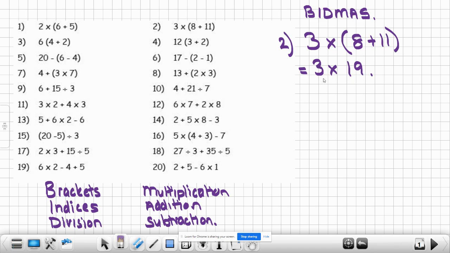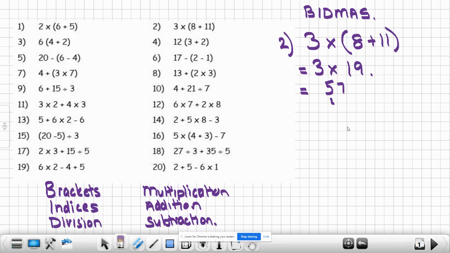I'm going to do the calculations quite quickly, so pause if you need a bit of time to work that out. 3 times 19, 3 nines give me 27, carry the 2. 3 times 1 is 3, plus that 2, 57. And just here, I'll tell you another little tip if you're still working on your multiplication. 3 times 20 is probably easier to do.